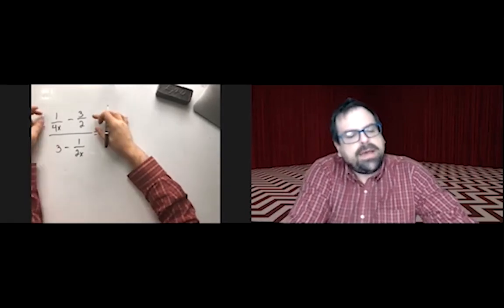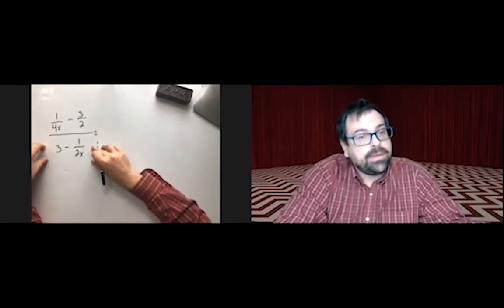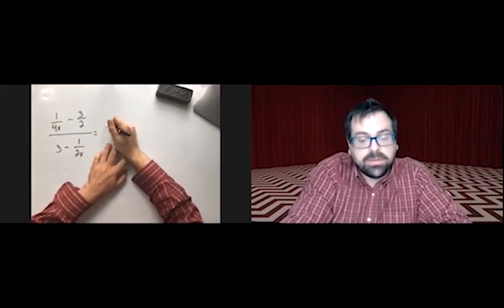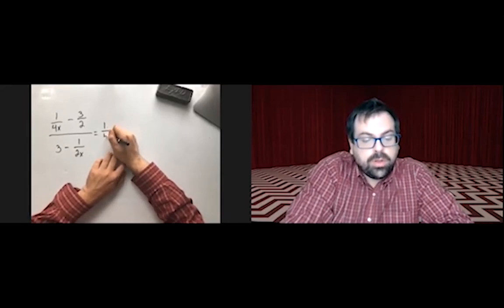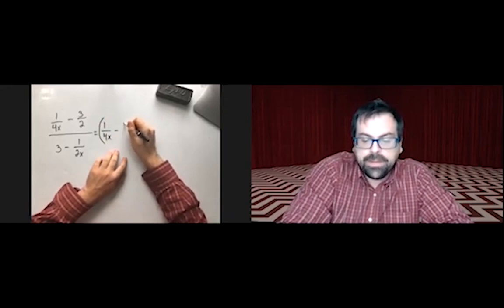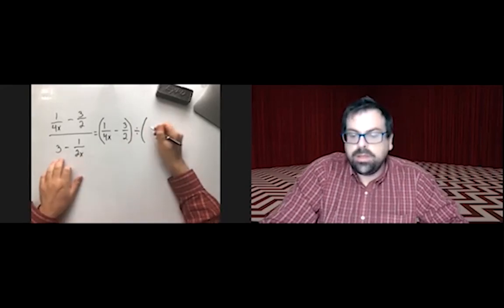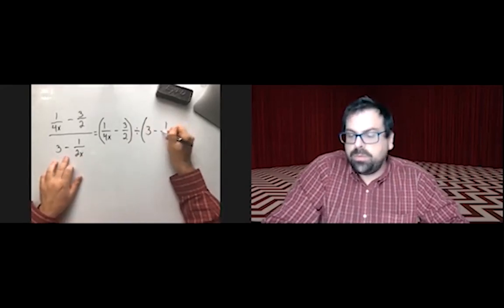Since one way to think about this is top divided by bottom, this is actually the problem 1 over 4x minus 3 halves divided by 3 minus 1 over 2x.